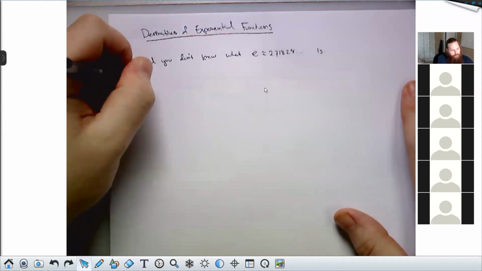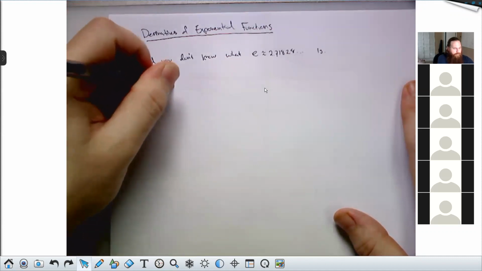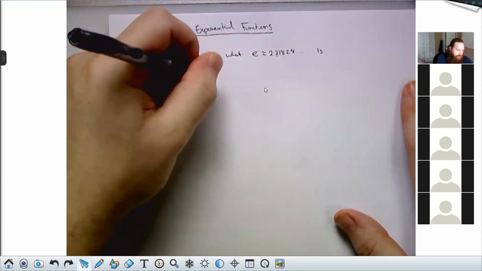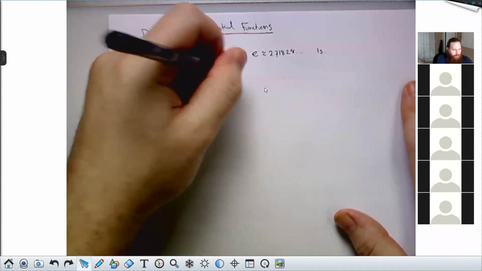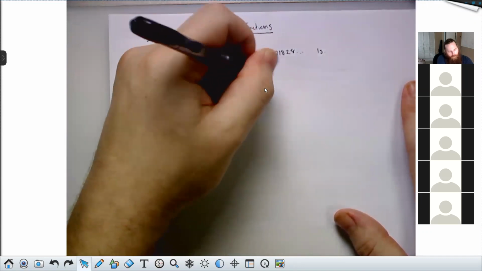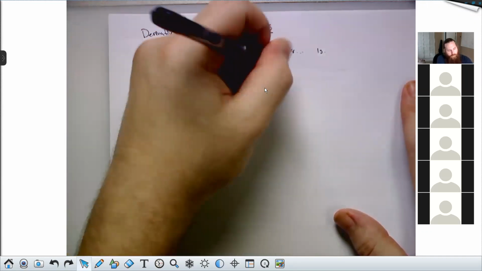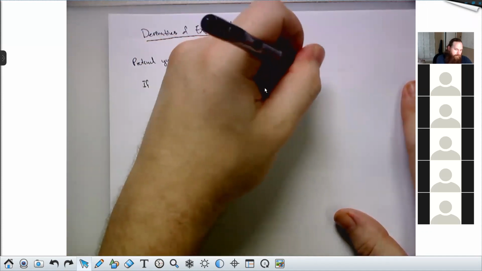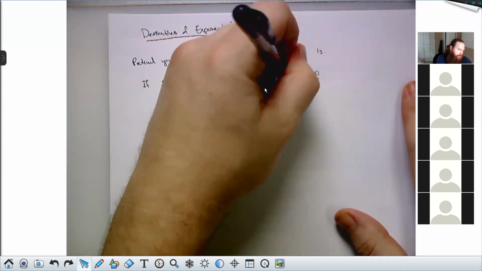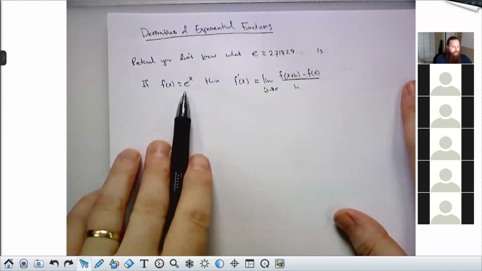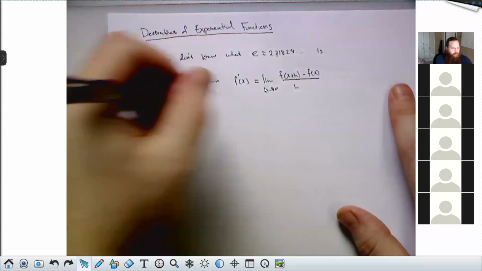If f of x is e to the x, then f primed of x would be the limit as h goes to 0, f of x plus h minus f of x all over h, right? Well, if f of x is e to the x, then what is f of x plus h?